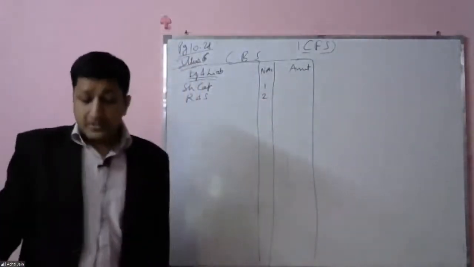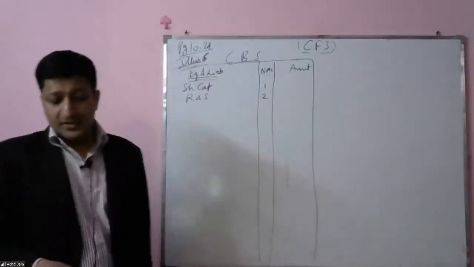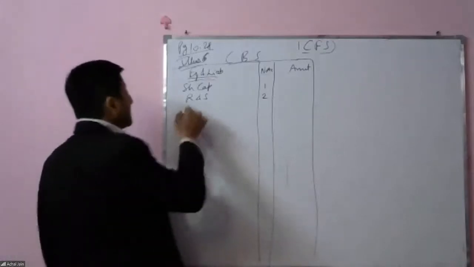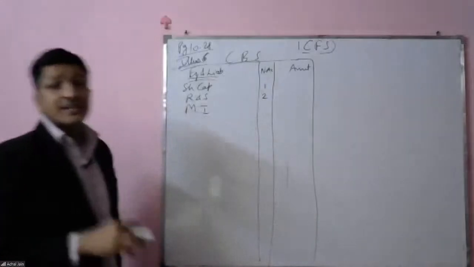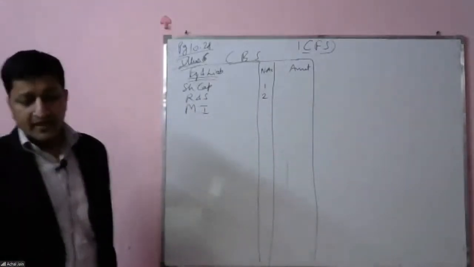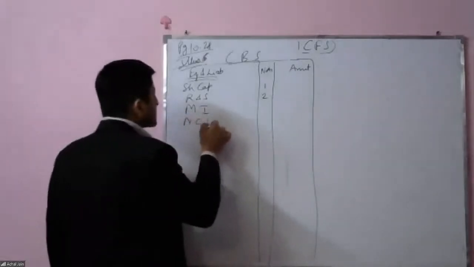Then, because the shareholding of the parent is 80%, we will also have minority interest. Minority interest is required to be presented separately in the balance sheet under the liabilities side. Then we will have non-current liabilities.